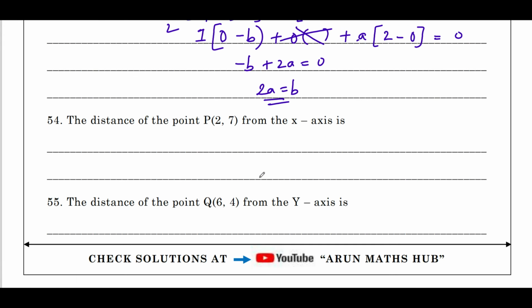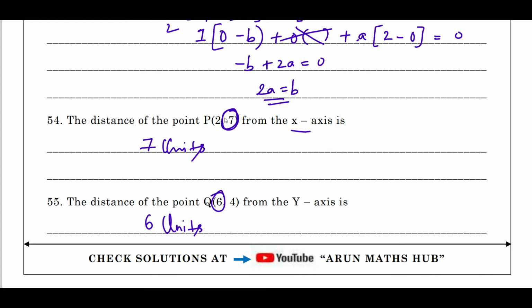The distance of the point P of 2, 7 from the x-axis. The distance of a point from the x-axis will be its y coordinate. Therefore, it is 7 units. The distance of the point 6, 4 from the y-axis will be its x coordinate, that is 6 units.